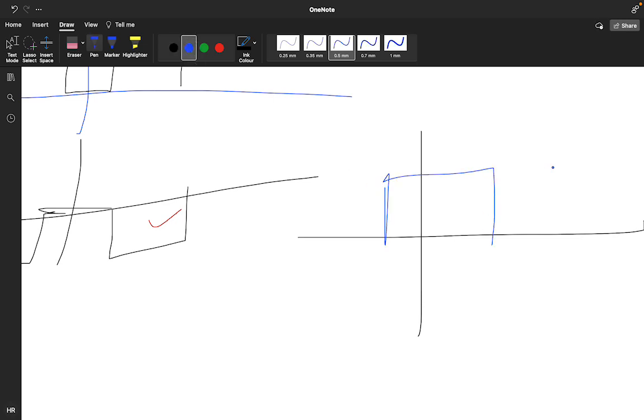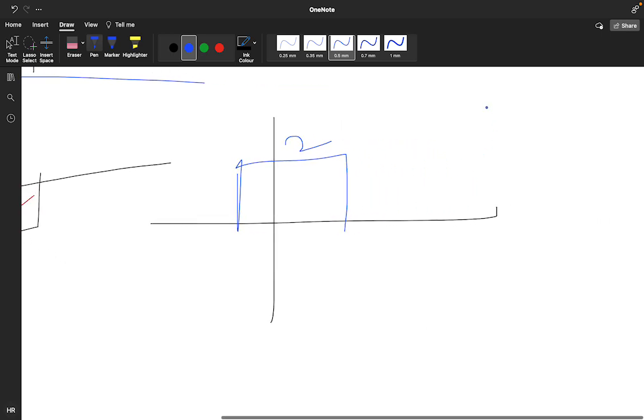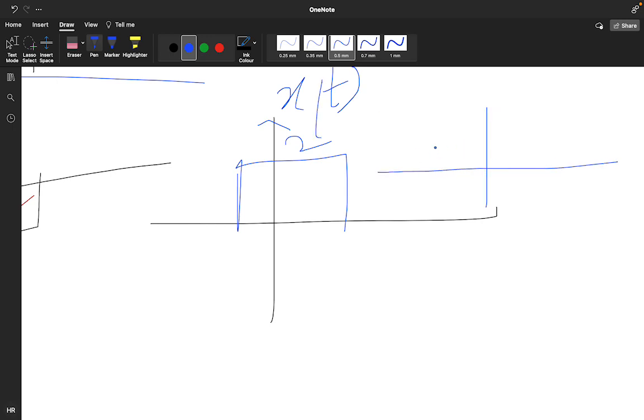This value is 2, and I am writing this as x of t. If I write x of t minus 1, then 2 minus 1 will be 1, and the lower side will also go down to minus 1, correct?